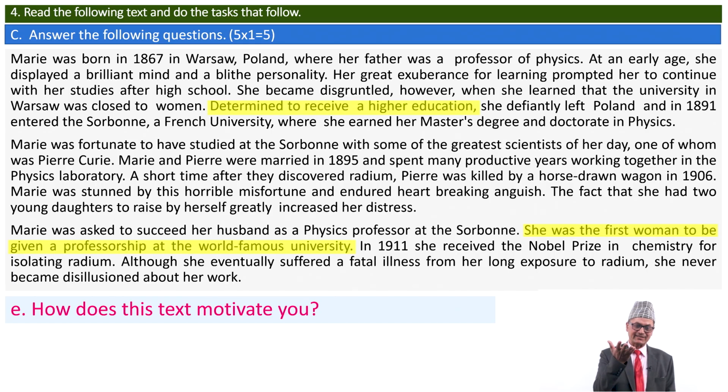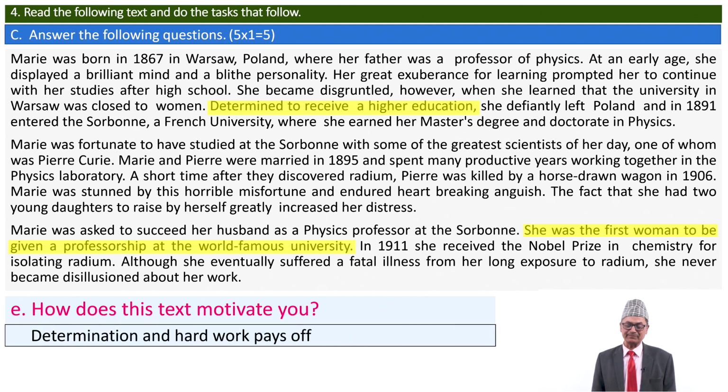If you look at the text here, Mary was not allowed to study or to do her PhD in Poland. But what happened? She left her country and went to the next country, France, and she did it. So I'm pretty sure you will write a similar answer like determination and hard work pays off.